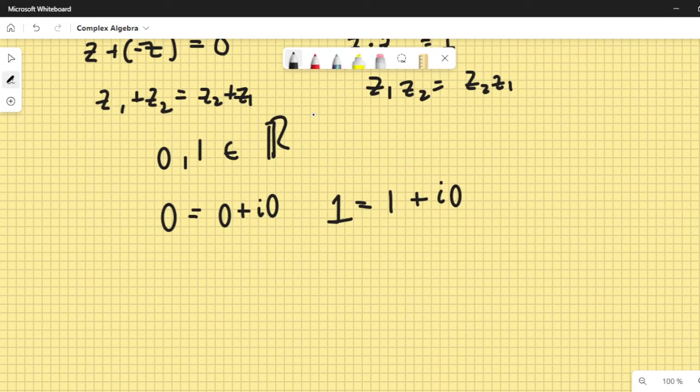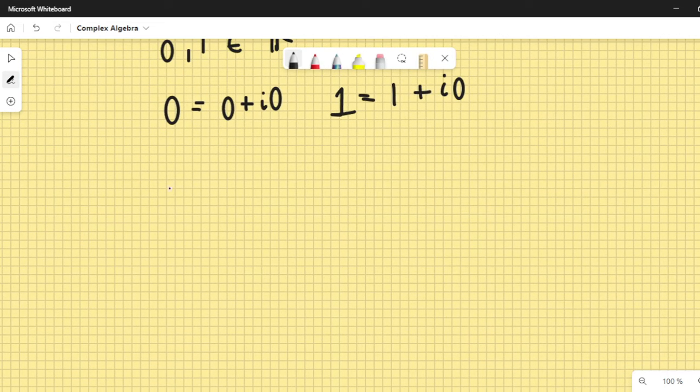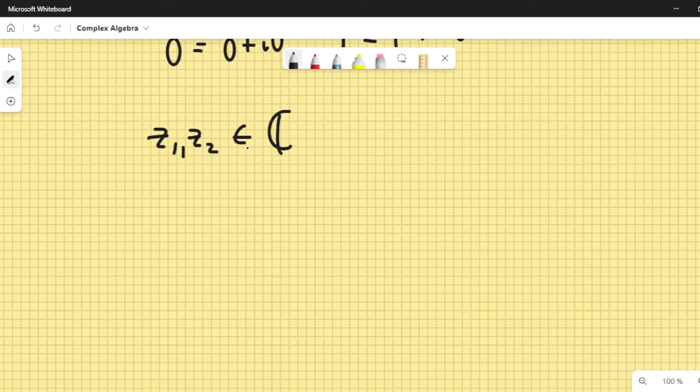Okay, so let's jump to the next thing. This is also a recapitulation, you may think. If you take a complex number c1 and another complex number c2, you can always write them in the form x plus iy.